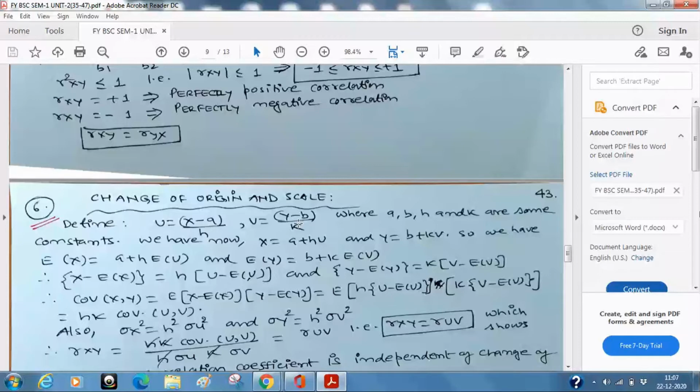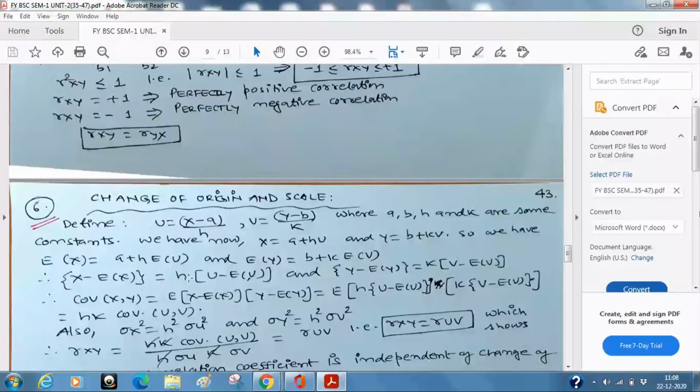Now you have two expressions: one expression is x and another is the expected value of x. Similarly, you have the expression for y and the expected value of y. Now we just take the difference of these two terms. If I write x minus expected value of x, a will get cancelled with a because of the minus sign. h I can take common and then this will be u minus expected value of u.